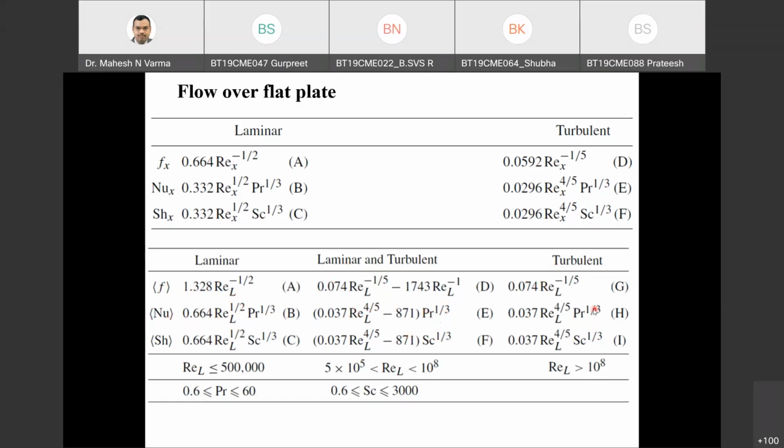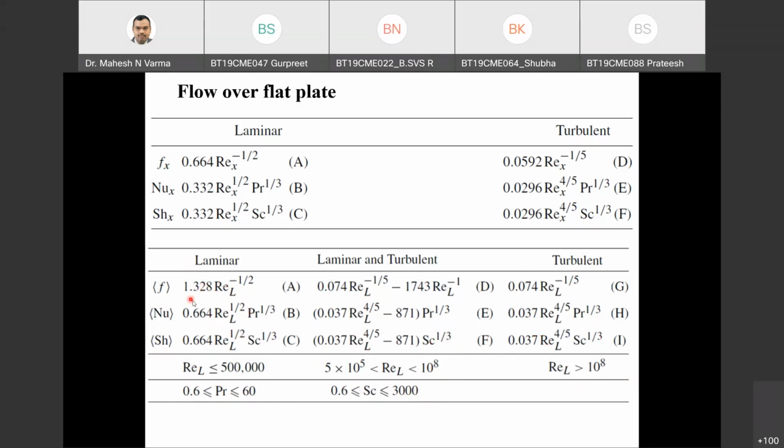Sherwood number is a function of Reynolds number and Schmidt number. So these all are limitations. These are the limitations coming from the observation of flow over a flat plate, and these are the limitations coming from Chilton-Colburn analogy. So with these limitations, I can use this equation.